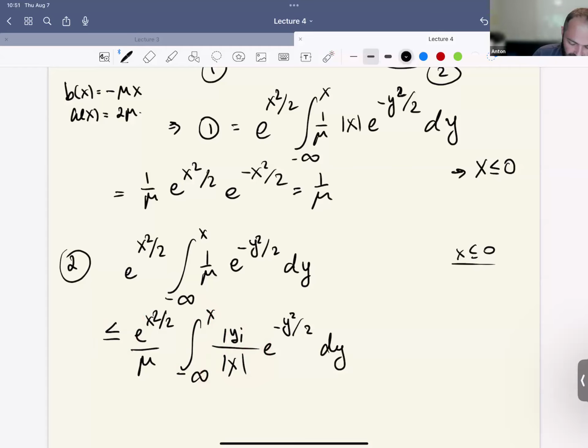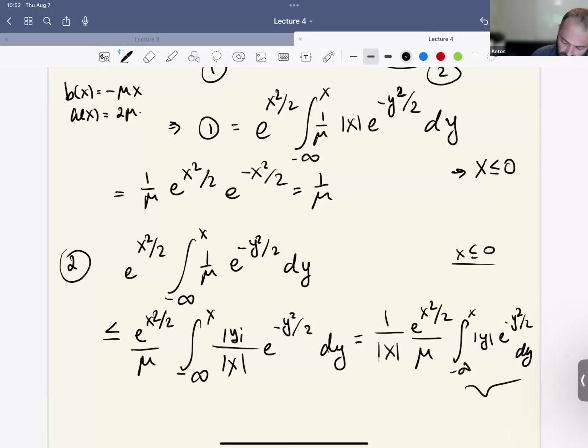Okay? Now I get 1 over absolute value of x, e to the x squared over 2 over mu. And our integral again is the same as it was in case 1. Okay, so that's the trick.